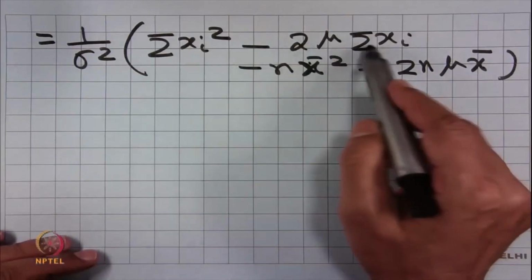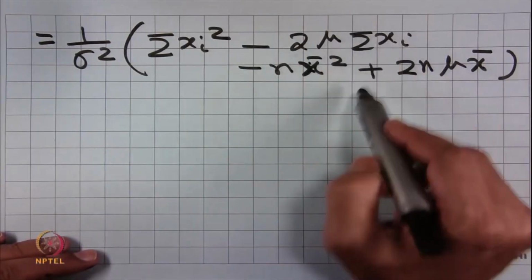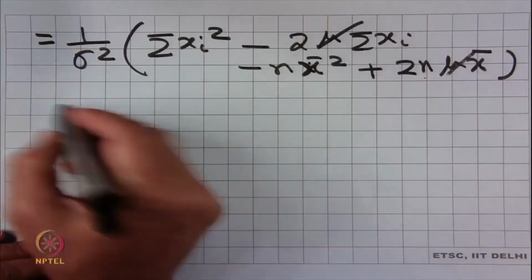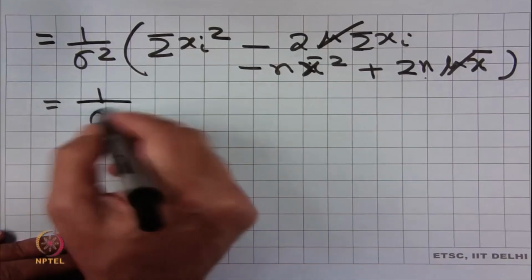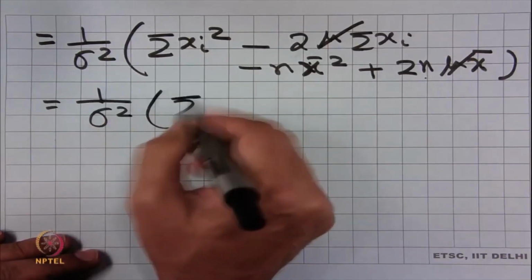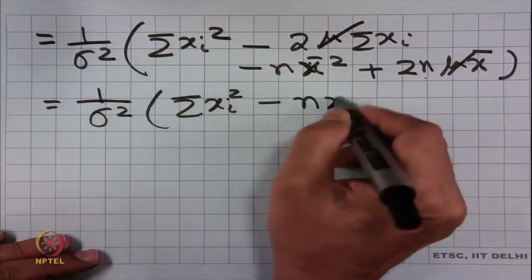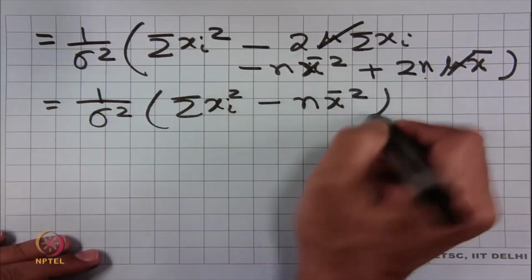Now, sigma xi is equal to n times x bar. So, this also cancels out, and is equal to 1 by sigma square into sigma xi square minus n times x bar square.